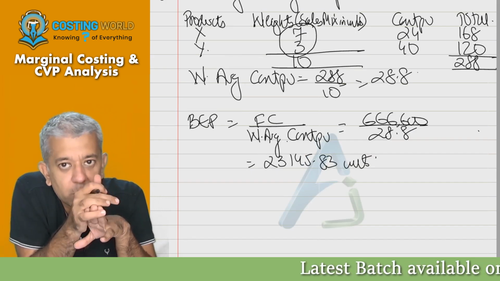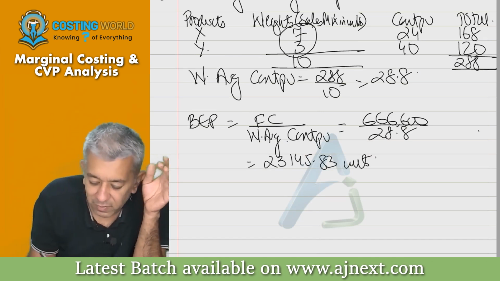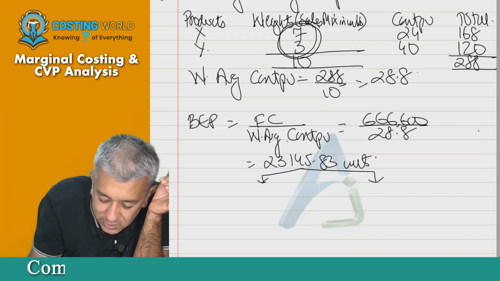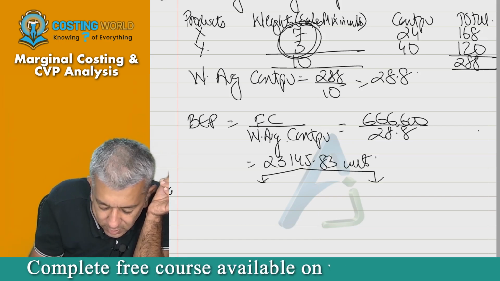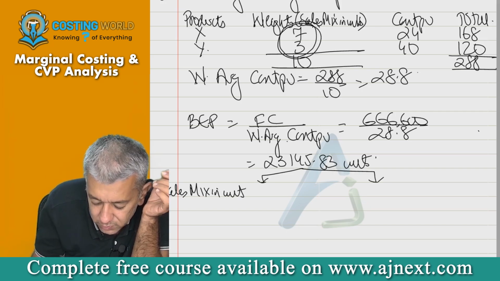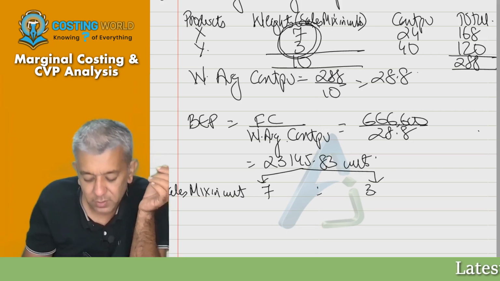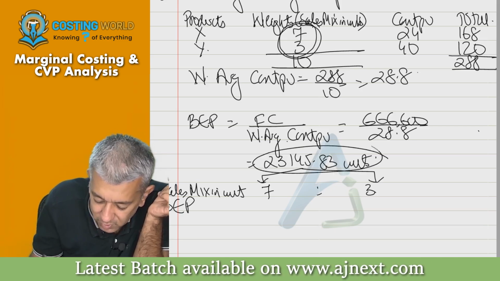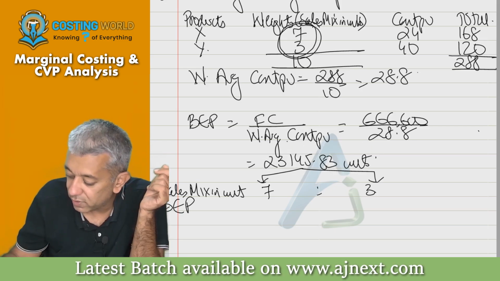So if somebody asks us the breakup, this is units. So take your units ratio. Write down sales mix in units 7:3. Therefore, this break even point we divide in the ratio of 7:3.